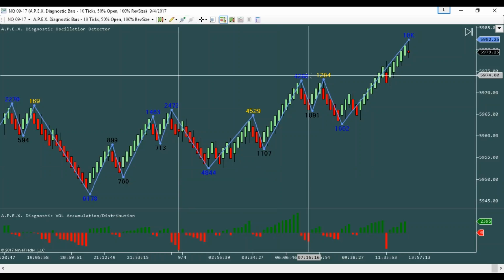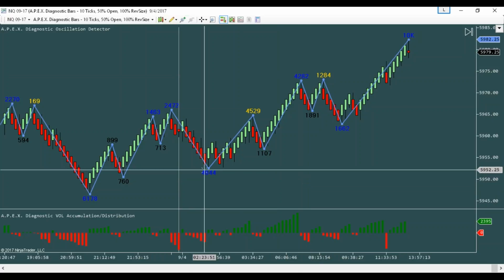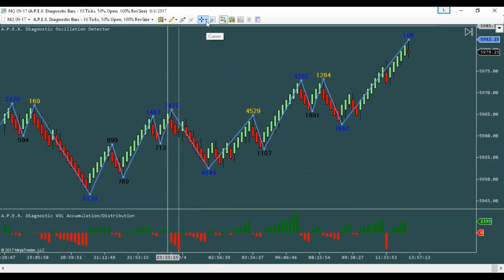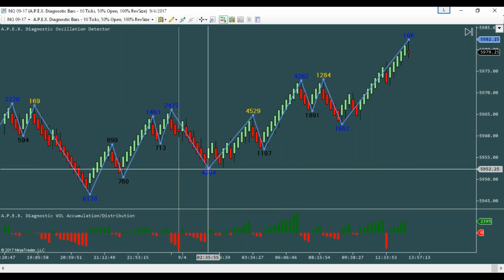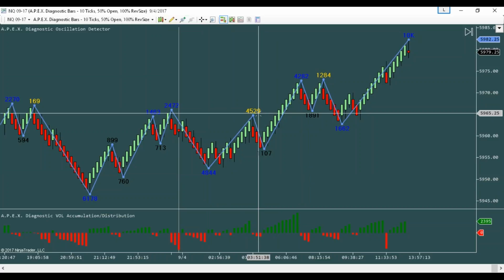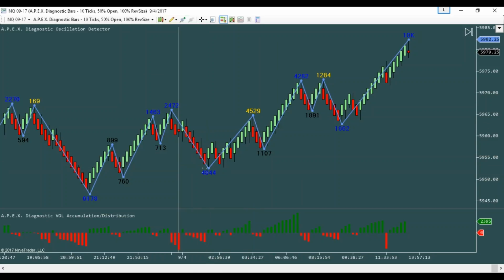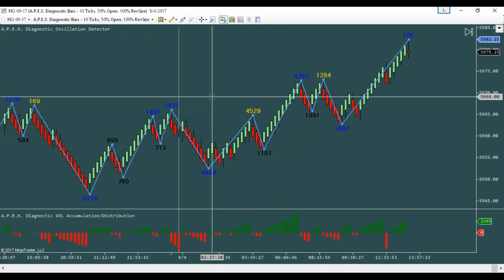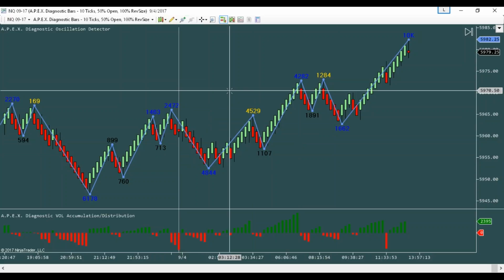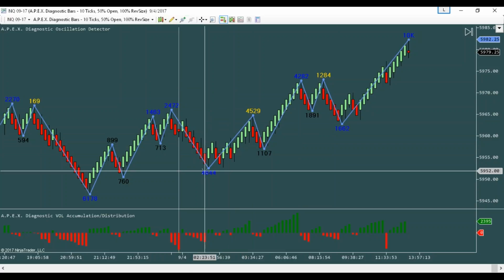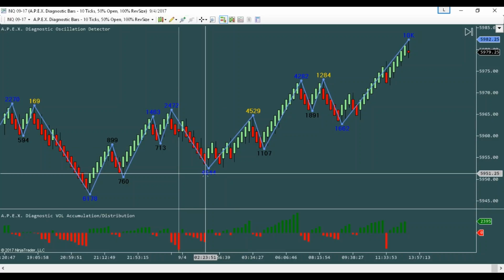Also, if you notice here, it draws a line from where it's measuring. I'm going to go over all the colors with you in a minute when we go through the forum post. I just want to give you a quick overview of what you're looking at first. Notice it draws a line from where it's measuring.